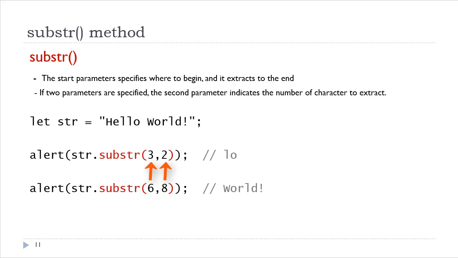However, if two parameters are specified, the first parameter will be the starting position, and the second parameter will be the number of characters. In this example, 6, 8, we extracted the whole word world because we extracted 8 characters.